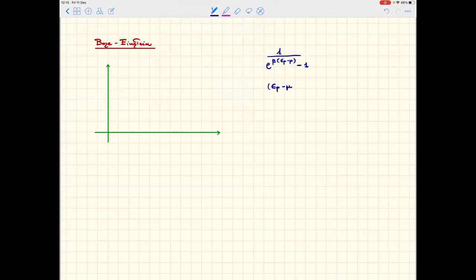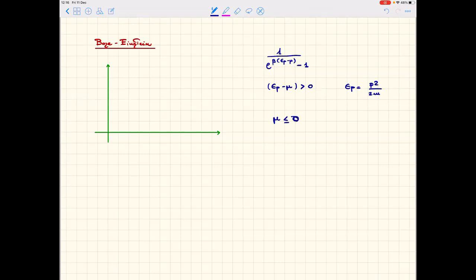So epsilon_p minus mu has to be positive. And the fact that this has to be positive means that if I have epsilon_p equal to p squared over 2m, then the chemical potential has to be smaller, at most equal to 0.